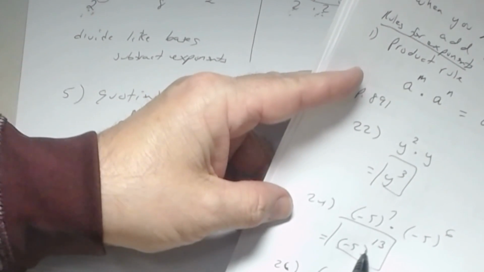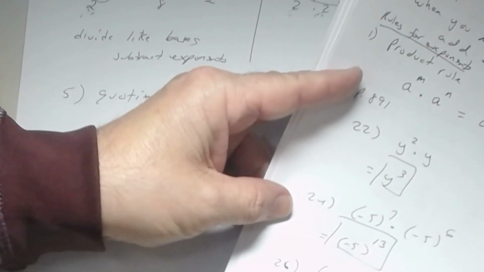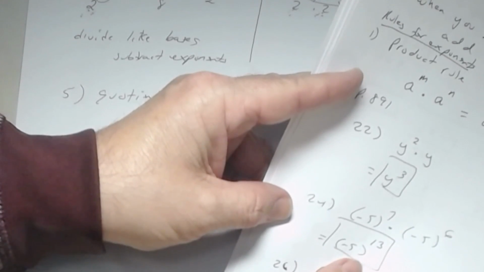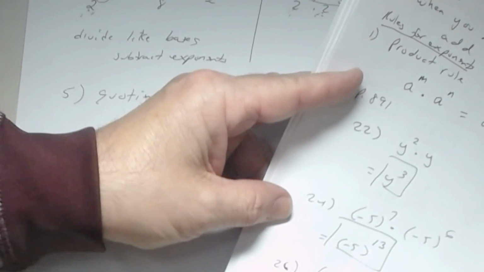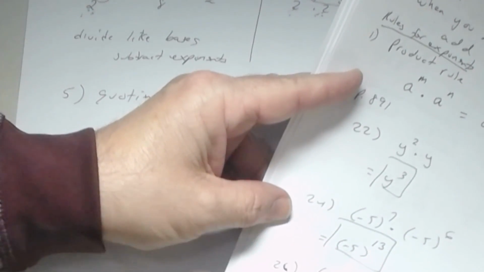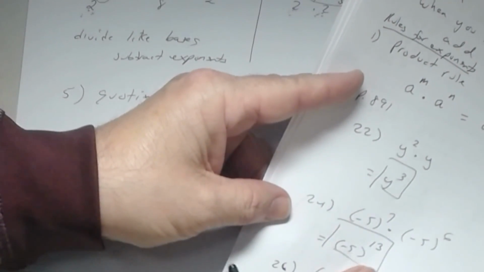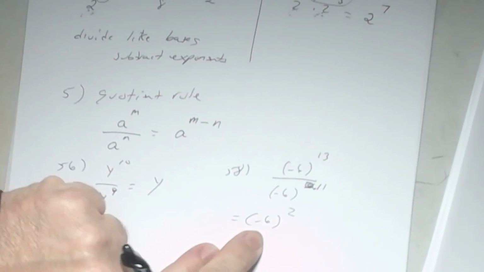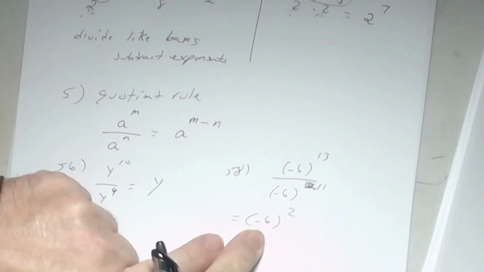So here, remember right here, we left it as negative 5 to the 13th. Remember, they're assuming you don't have a calculator here. There's no way they would expect you to figure out what negative 5 to the 13th is by hand, right? Because that means negative 5 times itself how many times? 13. But here, they expect you to figure out what negative 6 to the second power is.